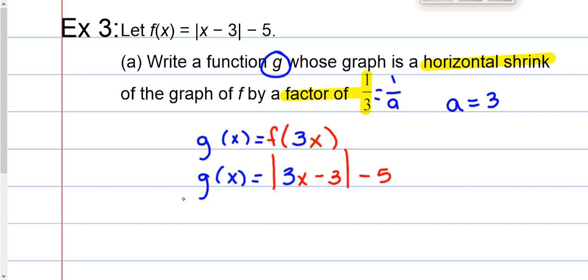There's nothing to multiply it by. There's nothing to simplify. I have my answer. Some are really simple, some you have to work out a little more. All right, now let's go look at B.